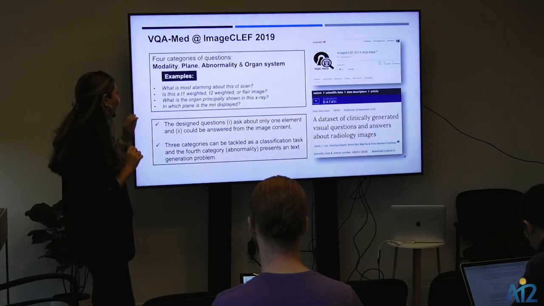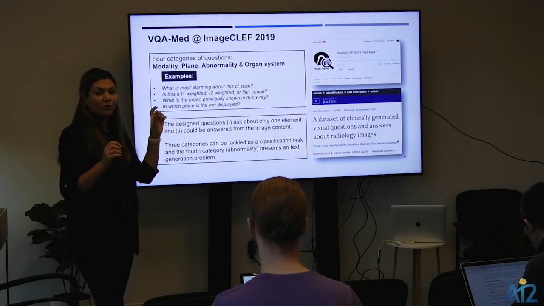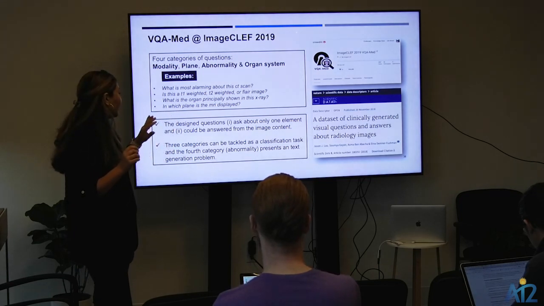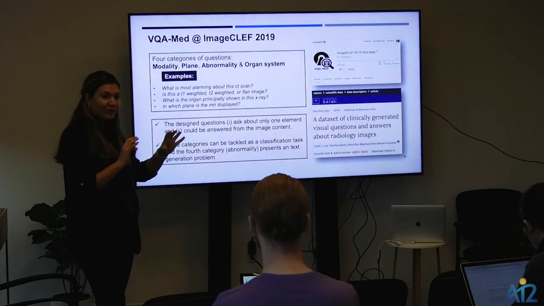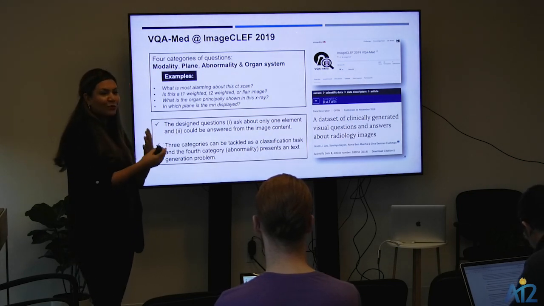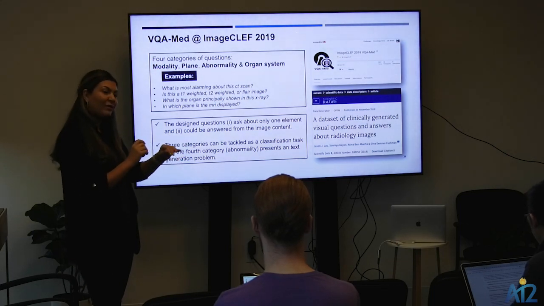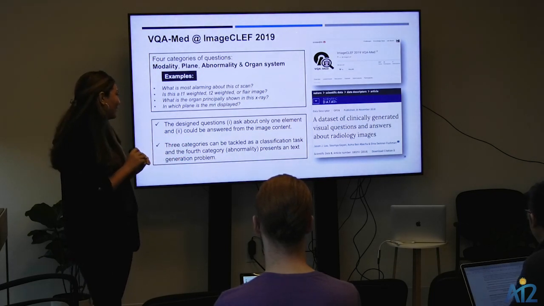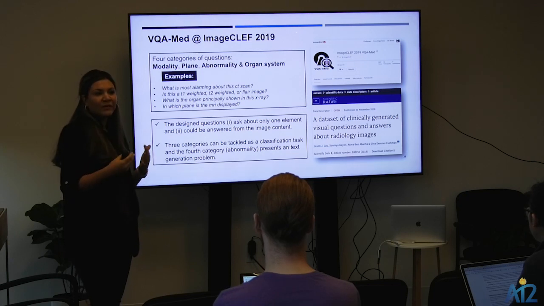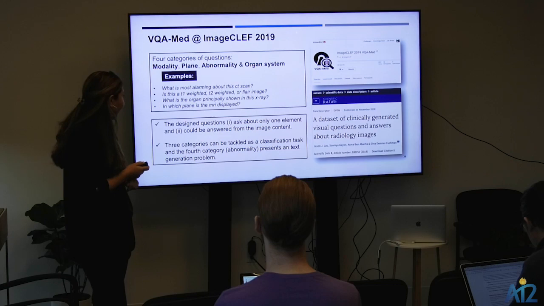For example, the questions ask only about one element shown in the image. And the answers are different for the four categories. For three of the categories, the answer could be generated using text classification models. But for the fourth one, which was the most difficult, text generation models are needed to find the answers.